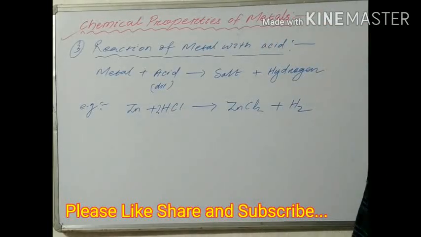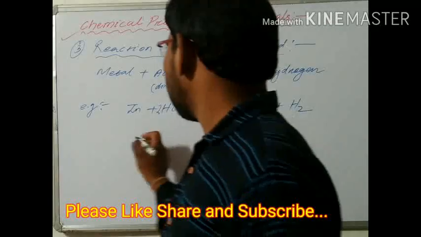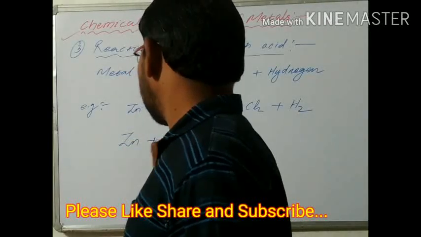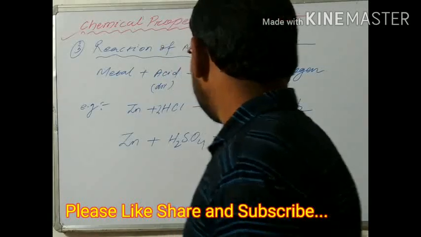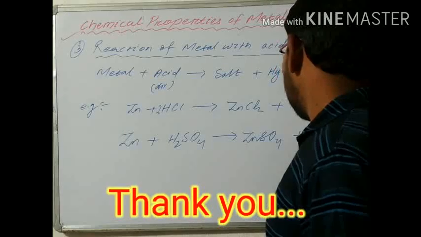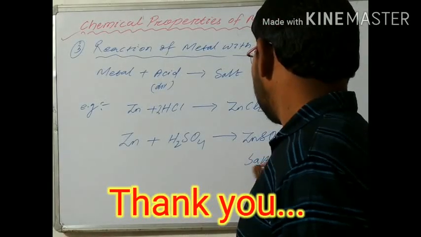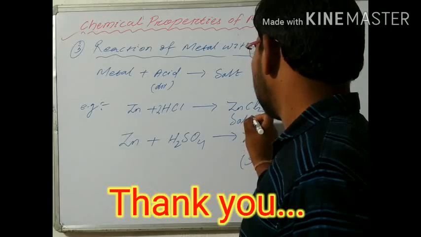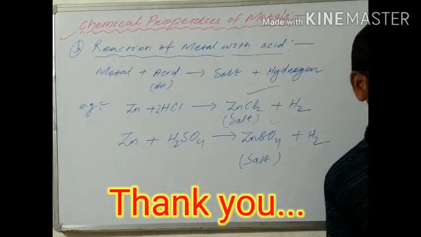Okay, and also another acid is Zn plus sulfuric acid, that is H2SO4. What is formed here? That is zinc sulfate, ZnSO4 plus H2. Okay, this is the salt. Here zinc chloride is the salt and here zinc sulfate is the salt.